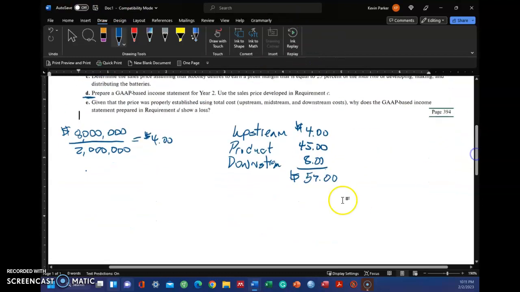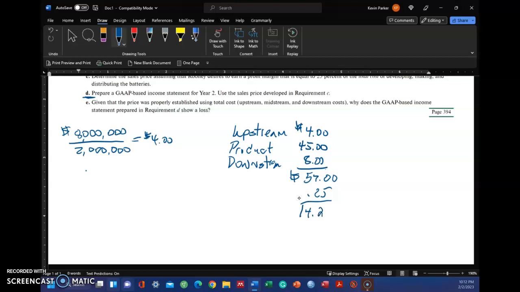And it said that we want profit to be 25% of that 57. So multiply that times 25% or 0.25, you get 14.25. When you add 57 and 14.25 together, you get a price of $71.25.